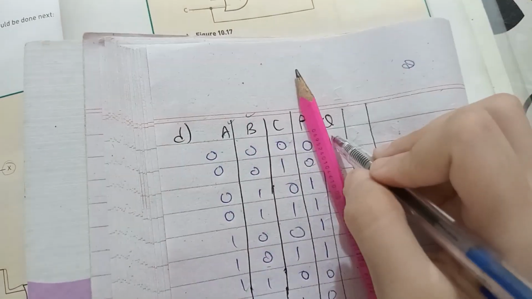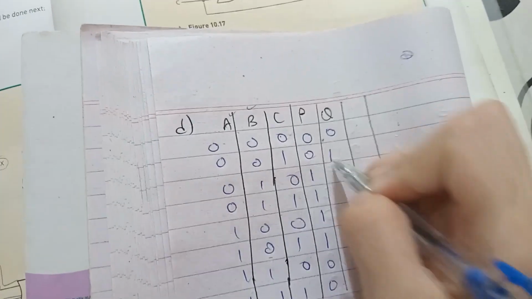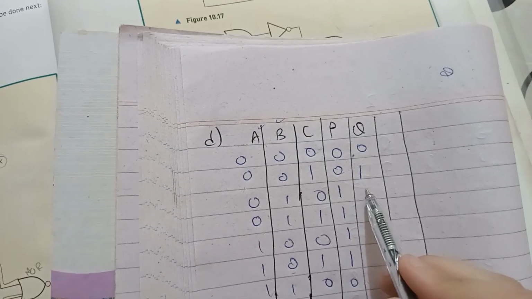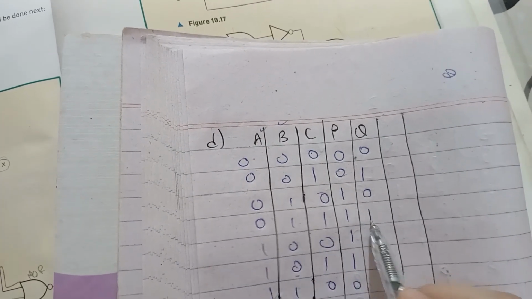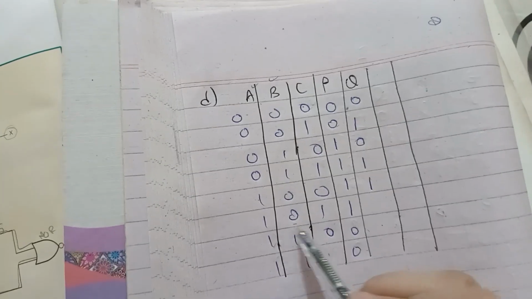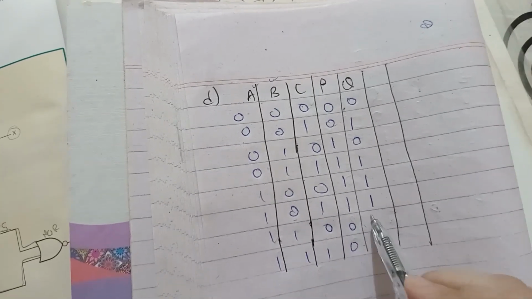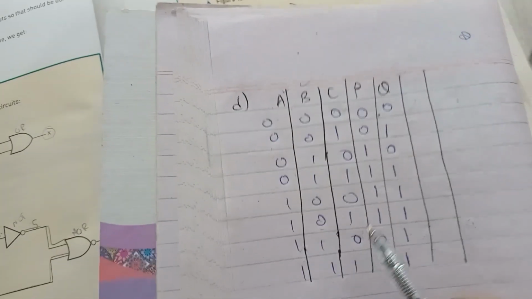A and C are ORed. At least if there is a 1 in the inputs, we'll write 1.